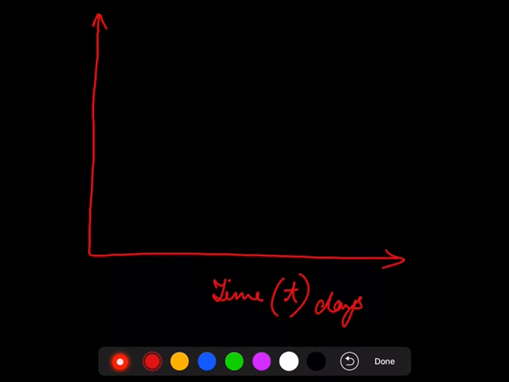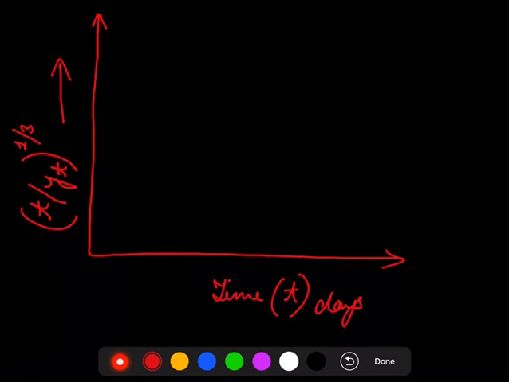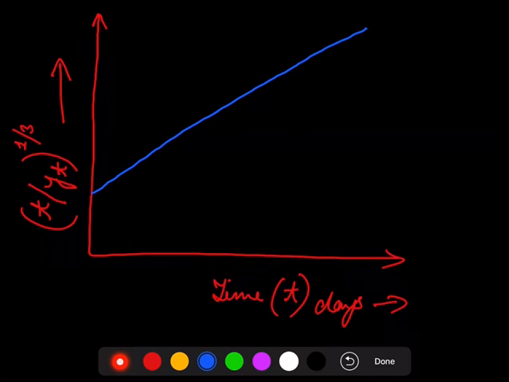And you have t by yt to the power of 1 by 3 in your y-axis. So this will result in a straight line.